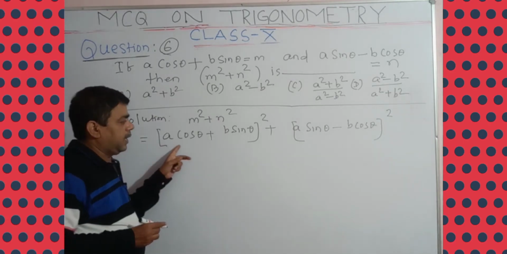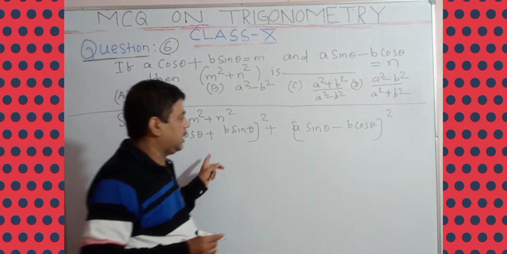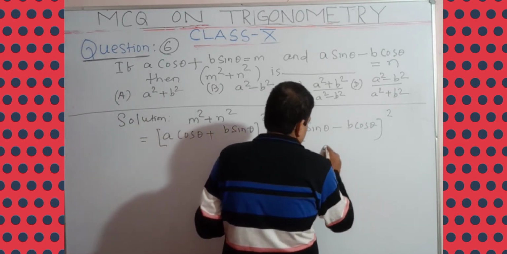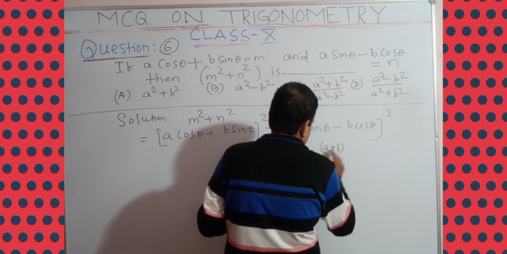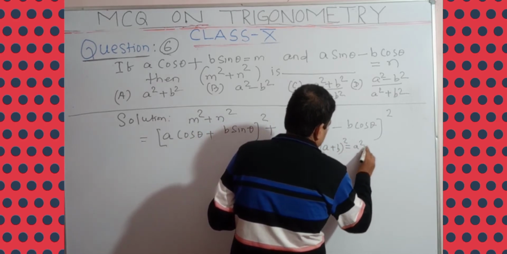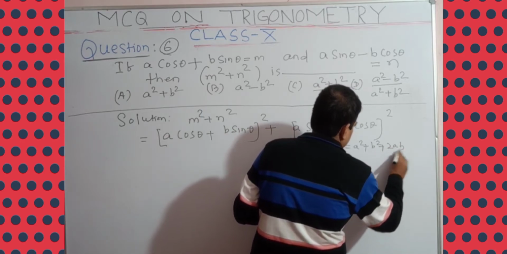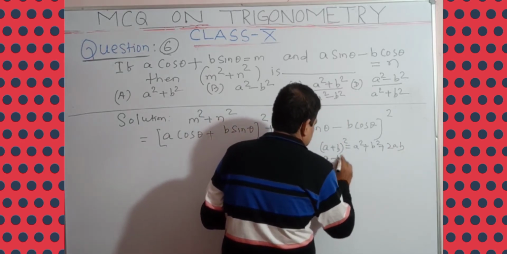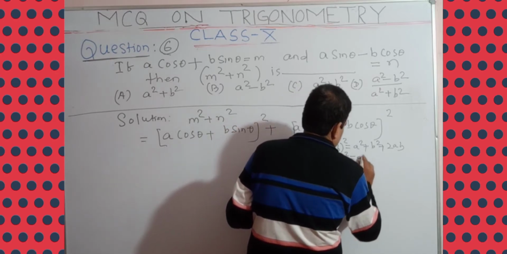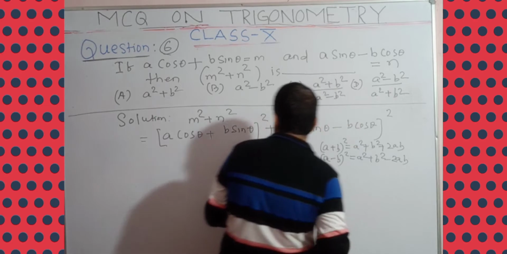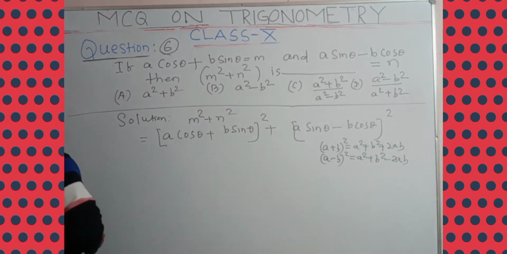Now you can apply the identity a plus b whole square here and a minus b whole square here. Here a plus b whole square is a square plus b square plus 2ab, and here a minus b whole square, you can use a square plus b square minus 2ab. Okay, it is clearly visible.